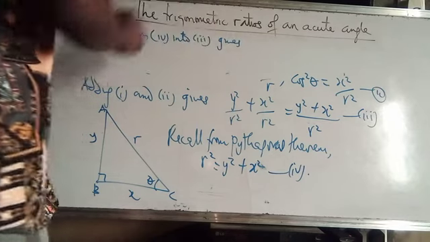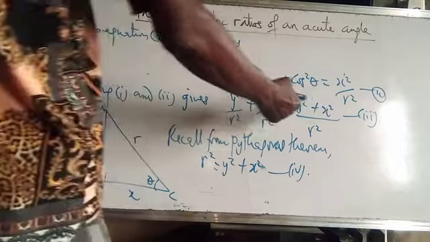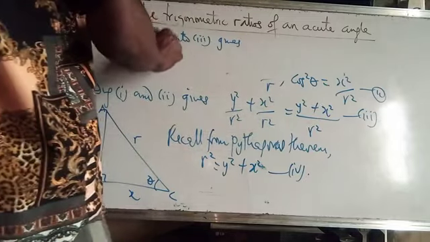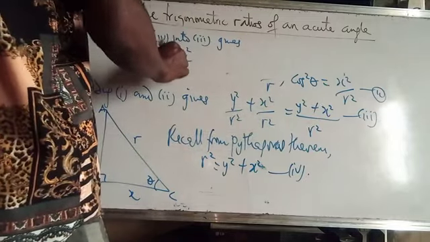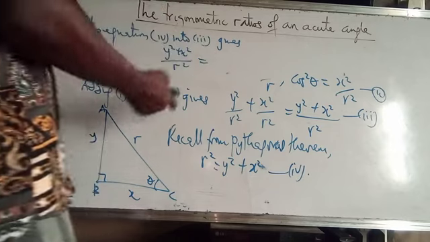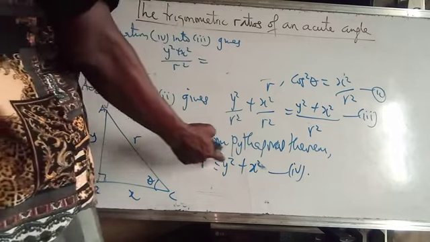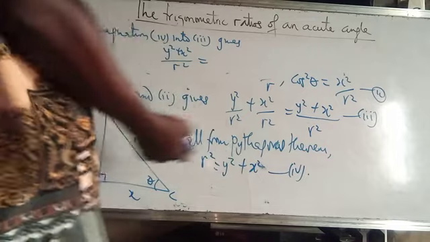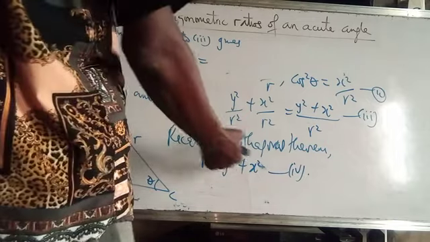Equation 3 says y squared plus x squared all over r squared. Wherever you see r squared, you can write y squared plus x squared, or wherever you see y squared plus x squared, you can write r squared.